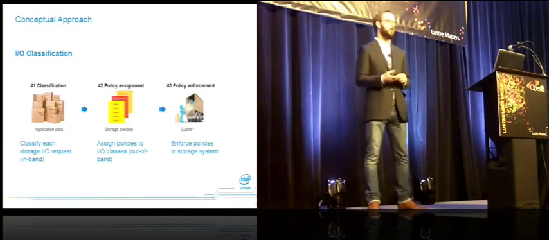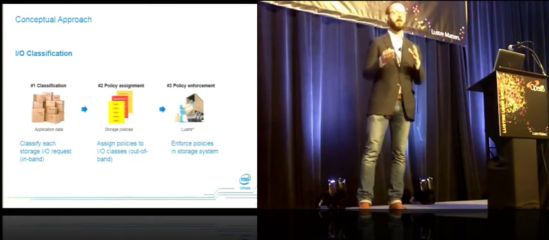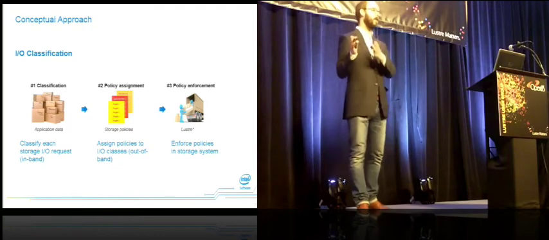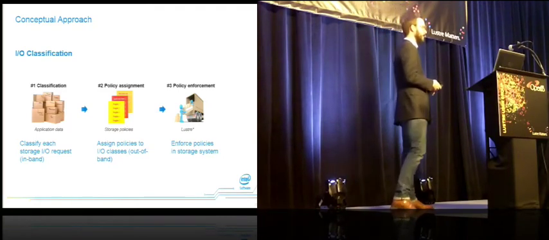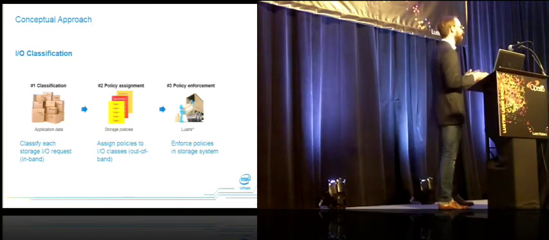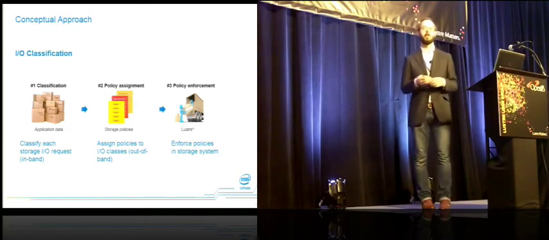If we look at this conceptually, the way that we think about it is we've got classification, we've got policy assignment, and we've got policy enforcement. The analogy that I like to use for that is shipping moving boxes from one house to another. Say you're moving across the country and you want to box up all your things.